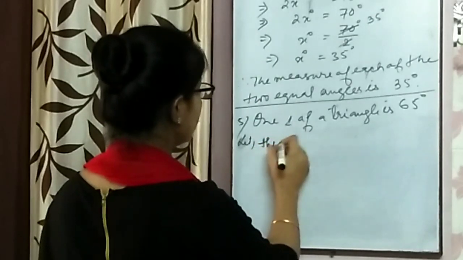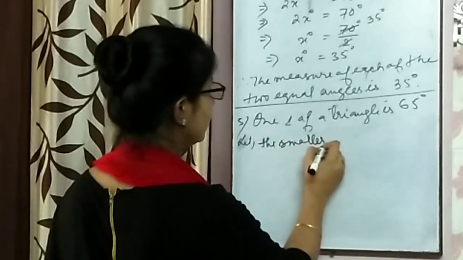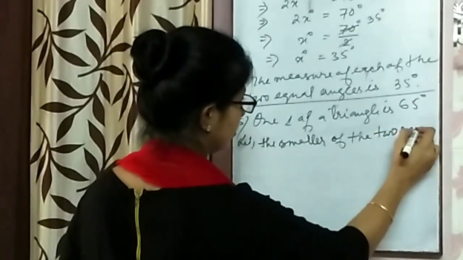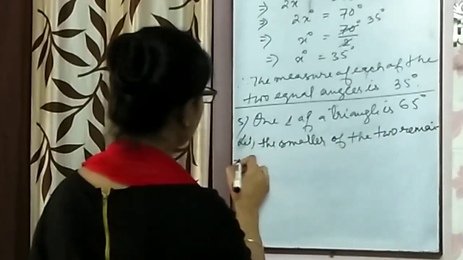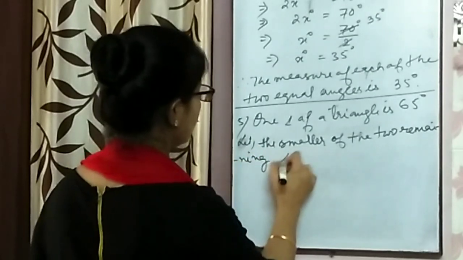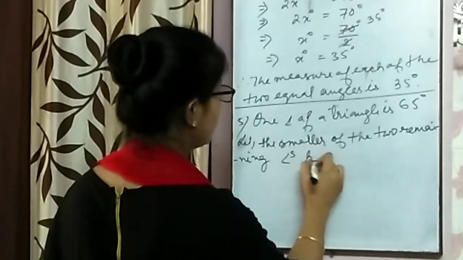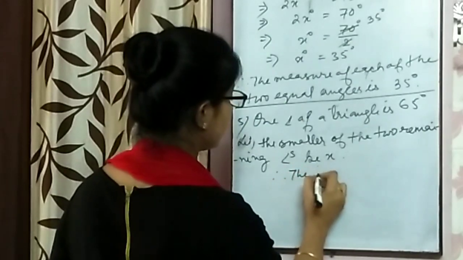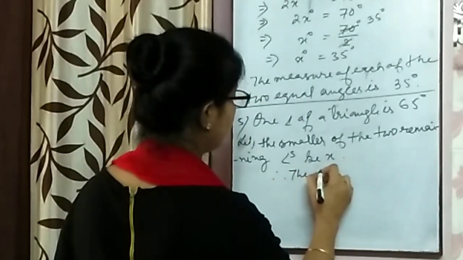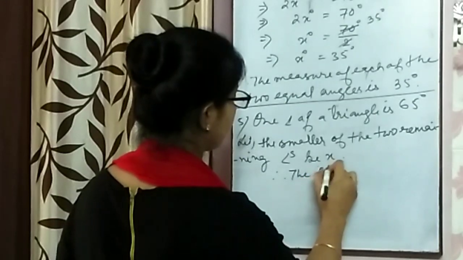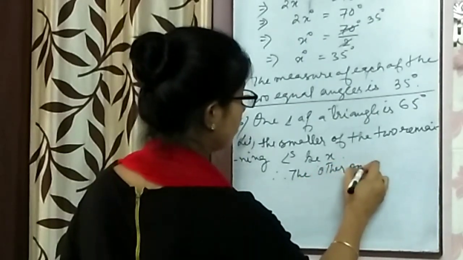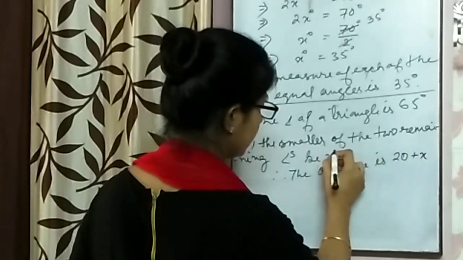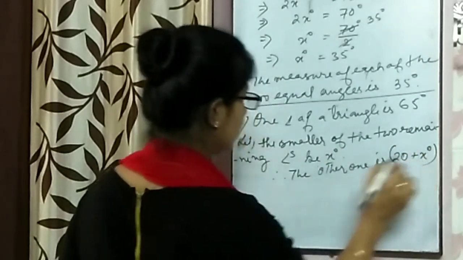Let the smaller of the two remaining angles be x, therefore the other one is 20 plus x degrees.